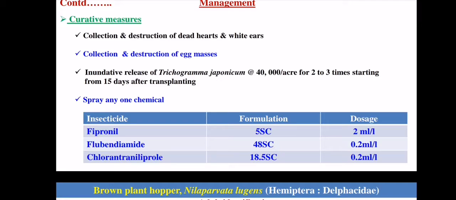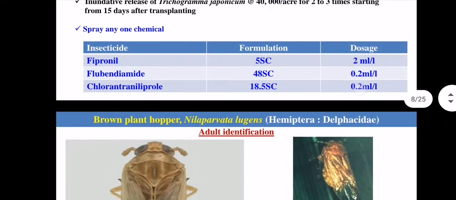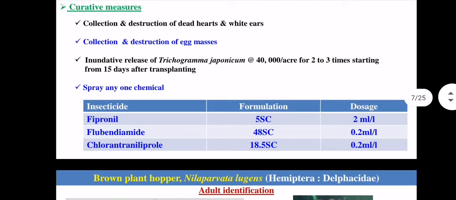You can use 2 ml of fipronil or 0.2 ml per liter of flubendiamide. These are the important recommended chemicals for the control of yellow stem borer.